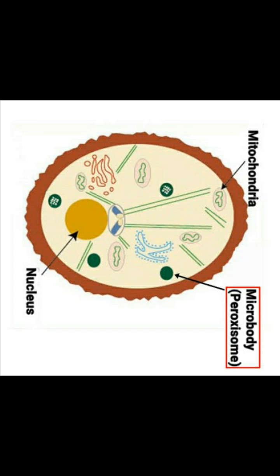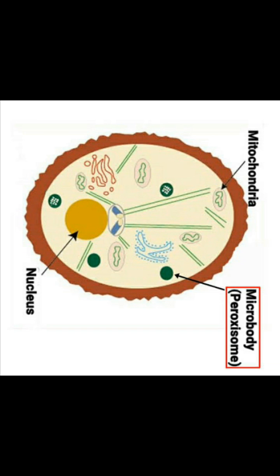So microbodies include peroxisomes, glycosomes and glyoxysomes, these three. Please make note, this point is out of the NCERT textbook, but very important to know. Understand? I want to repeat: peroxisomes, glycosomes, and glyoxysomes. All these three together are collectively called microbodies.